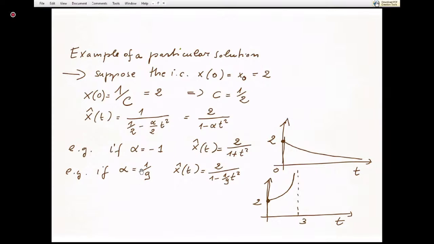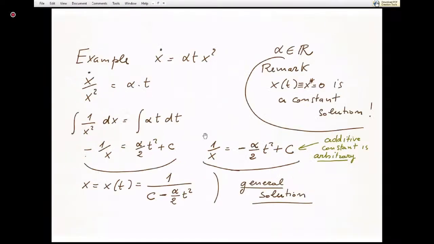If alpha is equal, for instance, to 1 over 9, you put 1 over 9 here, and you get this very different trajectory. So if alpha is equal to 1 over 9, we have a very different trajectory for the solution to the differential equation. So this is not a single differential equation, it is a family of differential equations because it depends on a parameter.